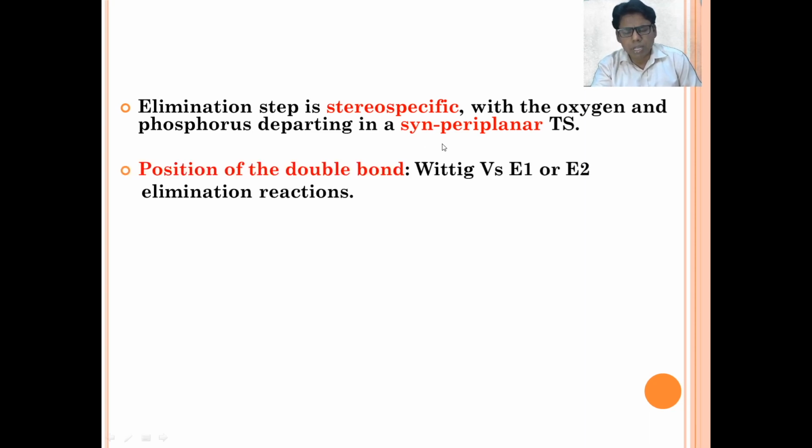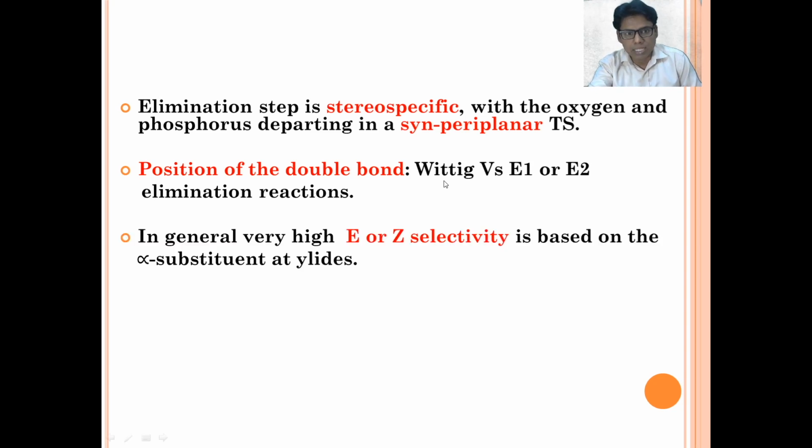The position of double bond in case of Wittig versus E1 or E2 reaction. In case of Wittig, the position of double bond is always fixed, while in case of E1 or E2, the position depends upon which of the more stable alkene is formed. That is why also E or Z selectivity is found here, and that is basically because of the alpha substituent at ylide.